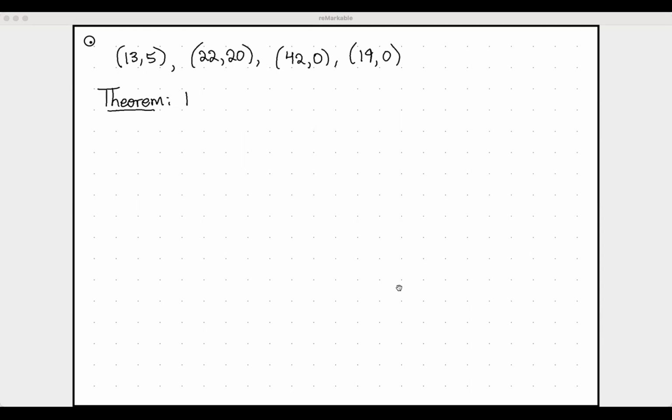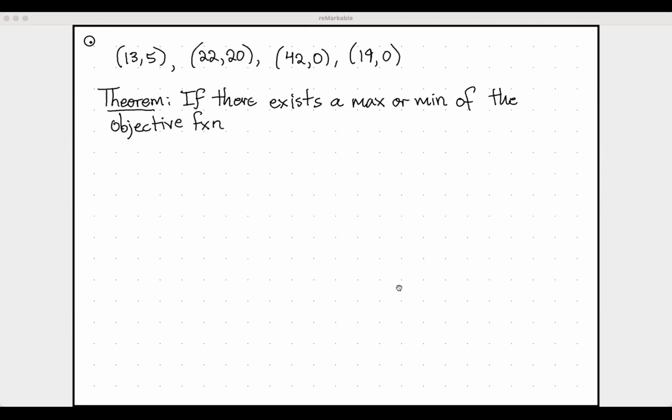So if there exists a max or min of the objective function in the feasible region, if one of those exists, it will occur at a corner point.